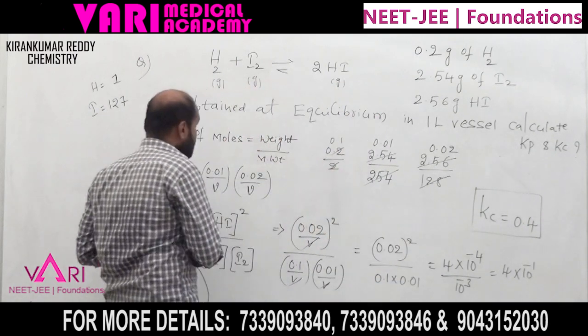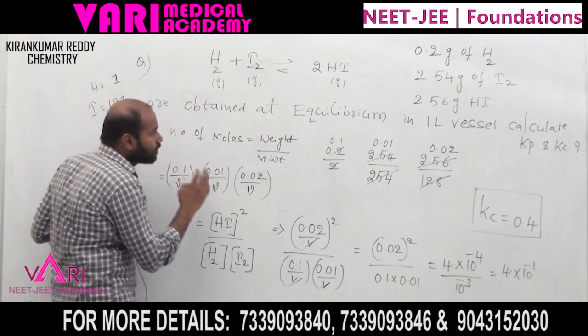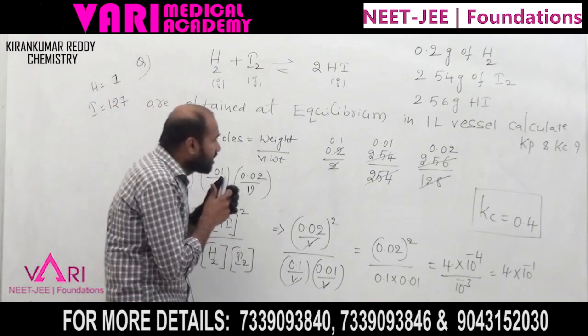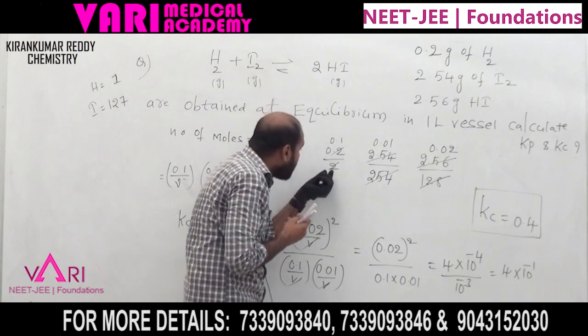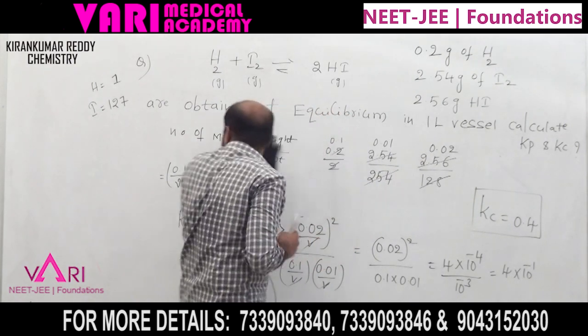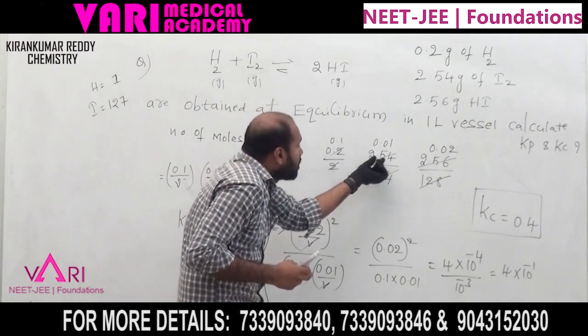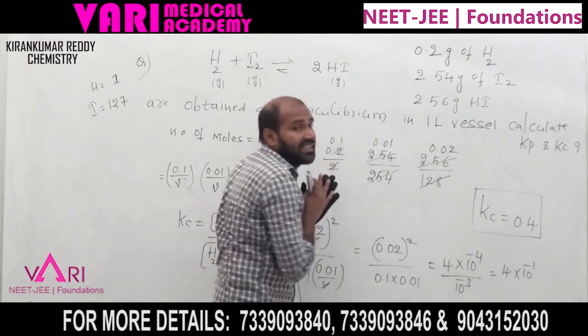First you have to take the number of moles formula, weight by molecular weight. Weight of hydrogen is 0.2, molecular weight 2. Iodine is 127, I2 that is 254, 2.54 by 254 is 0.01. These are the number of moles calculated.